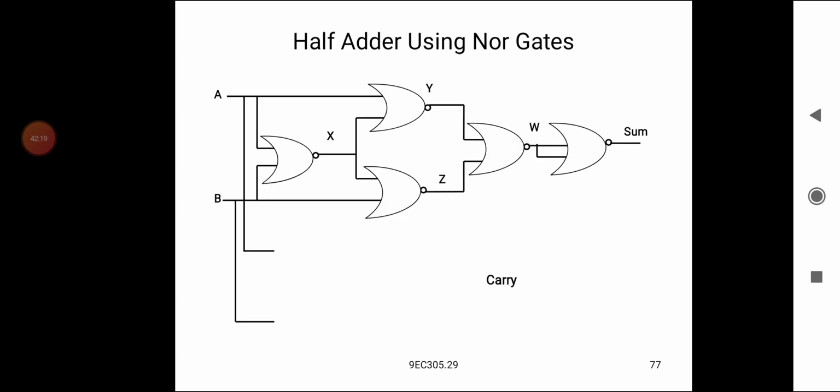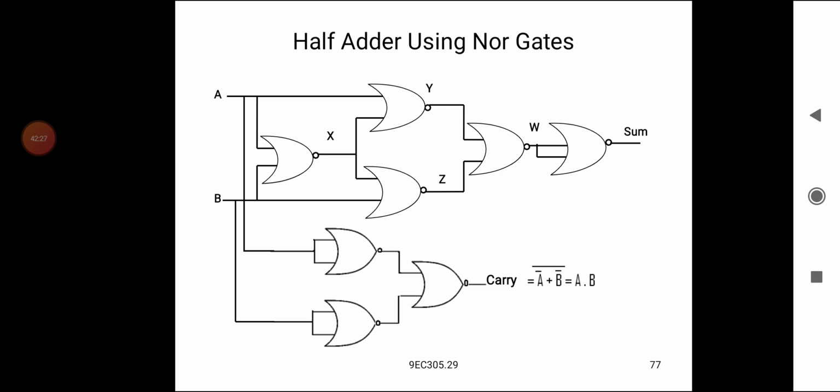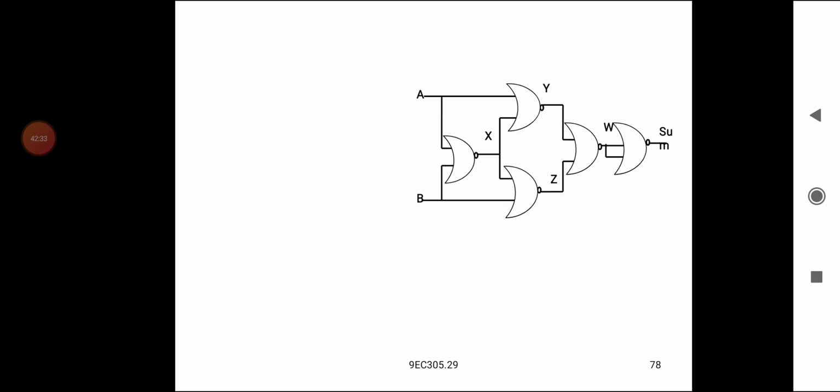Half adder using NOR gates. Here 5 gates for the sum function and 3 gates for the AND function. For X, we get (A plus B) whole complement.